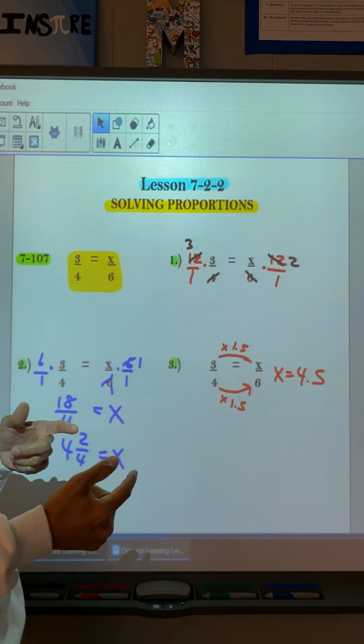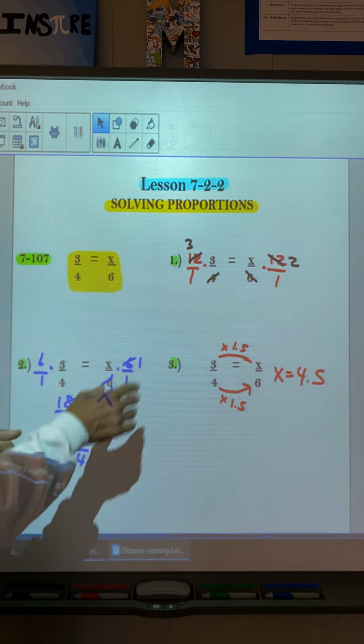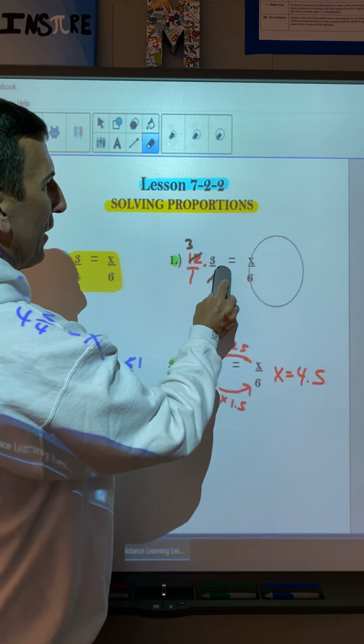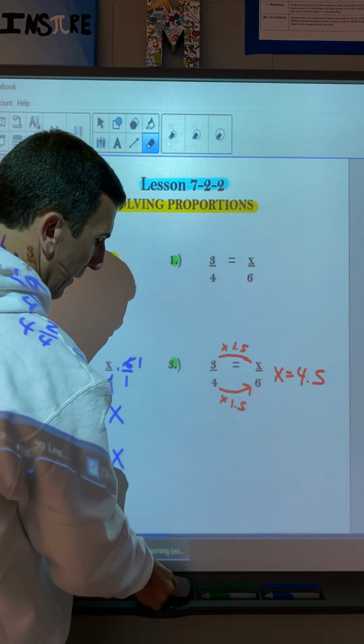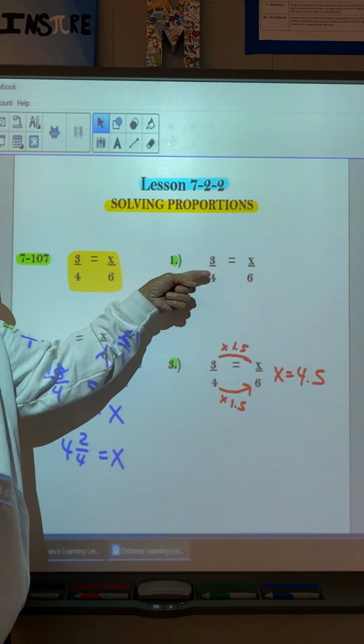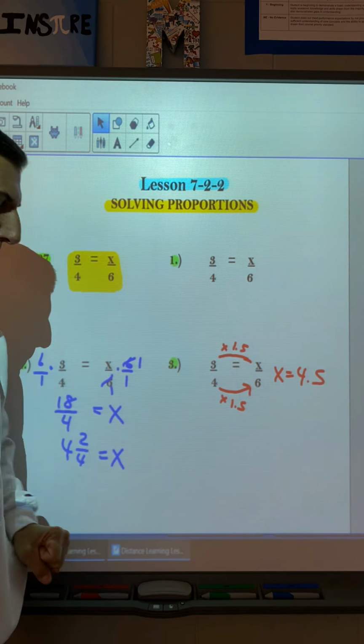Now I just thought about it, why don't we give you the 4th way as well? So let's write this down again. I'll erase up here by number 1. Write down 3 over 4 equals x over 6 one more time.